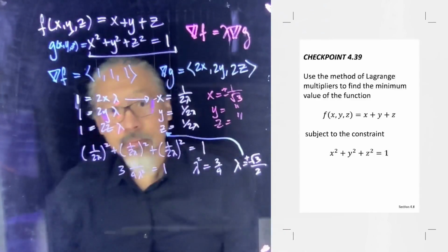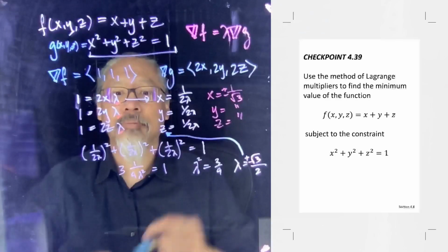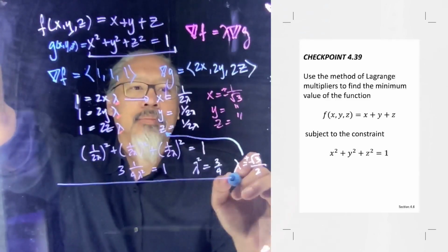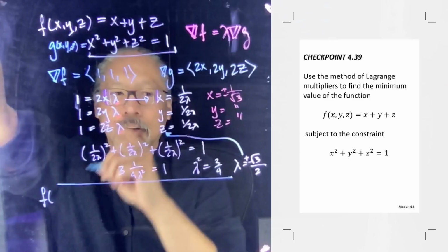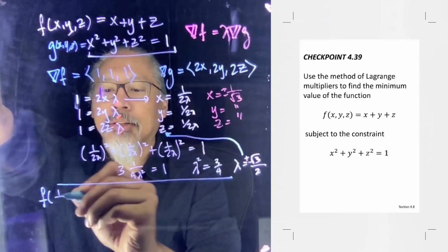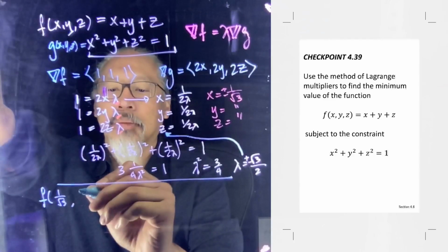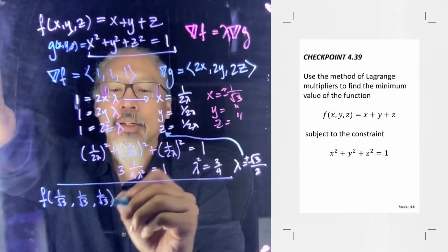If we put that all together, we'll put it back into the original function. F of, let's look at the positive parts first: positive 1 over root 3 for x, positive 1 over root 3 for y, and positive 1 over root 3 for z.